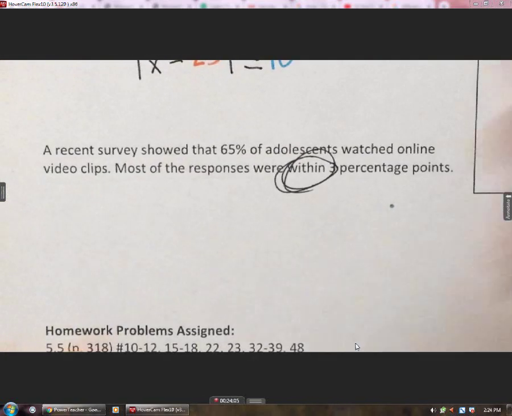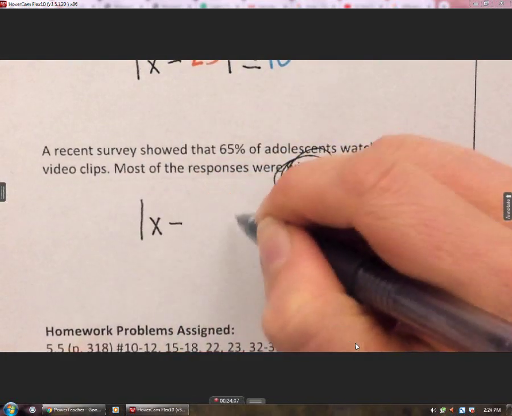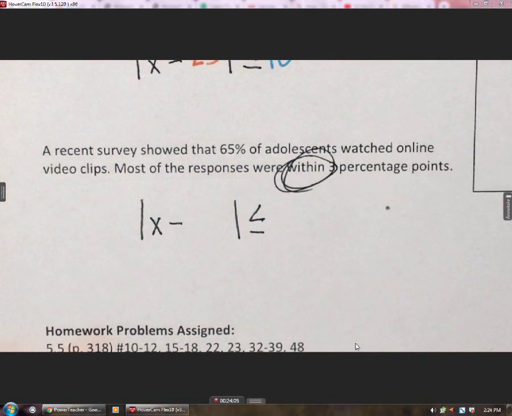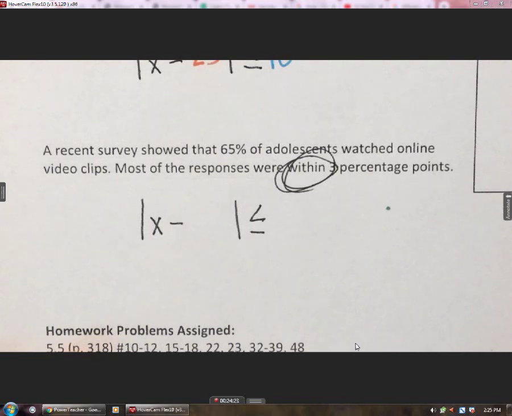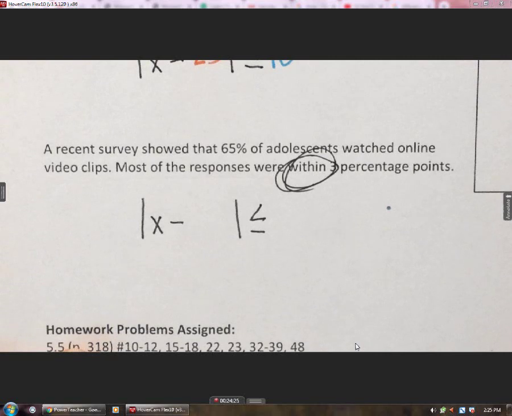Last one, then we're done. X minus, got to find the midpoint and the distance. The survey showed that 65% of adolescents watched online video clips.